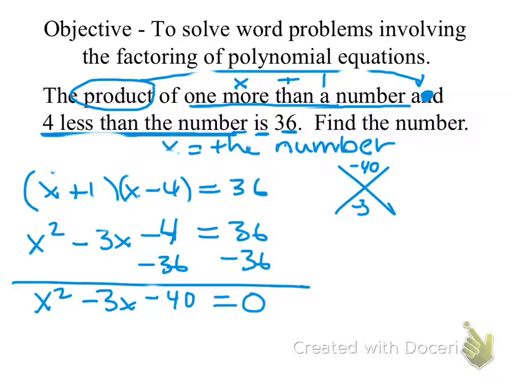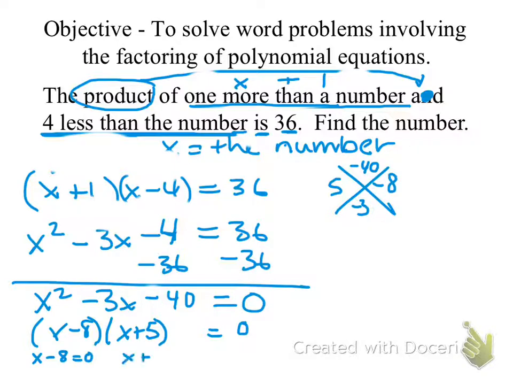Aria? 8's negative, so I do x minus 8 times x plus 5 equals 0. Now as I set them equal to 0, I'm mental mathing this. What is x equal to in that first one?